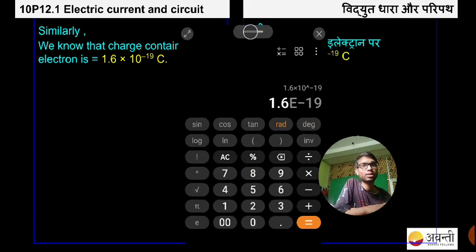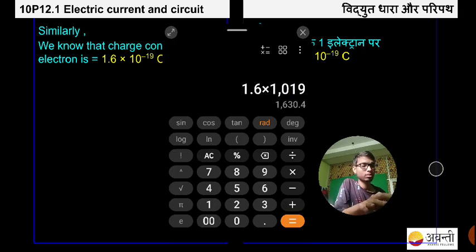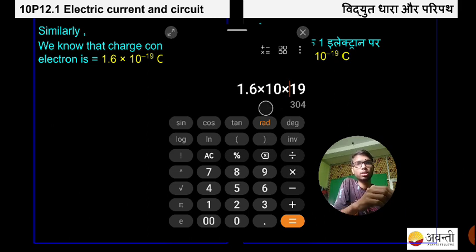Can we say this? Can we say multiple? Where is the multiple? This multiple, 10 multiple.